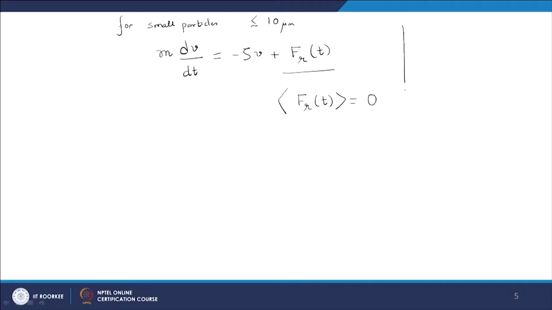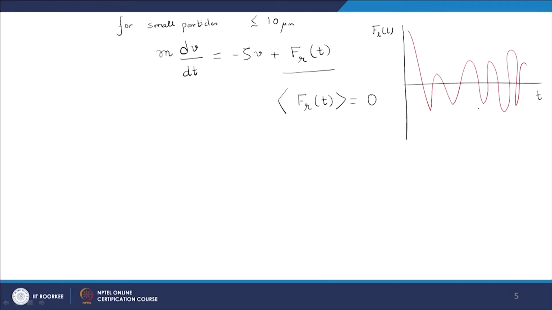Now, if the mean value is 0, then how do we characterize the strength of the force? The strength we characterize using again the idea of the autocorrelation function we have discussed. So, although the force has a mean value of 0, it does not mean the force does not exist at any particular time.